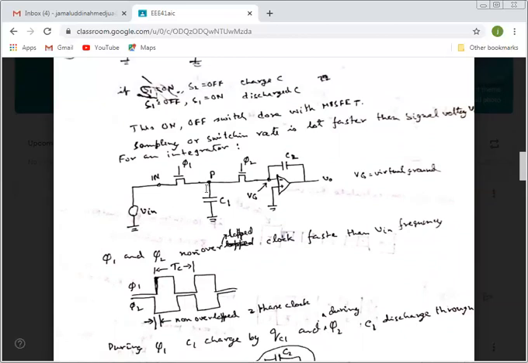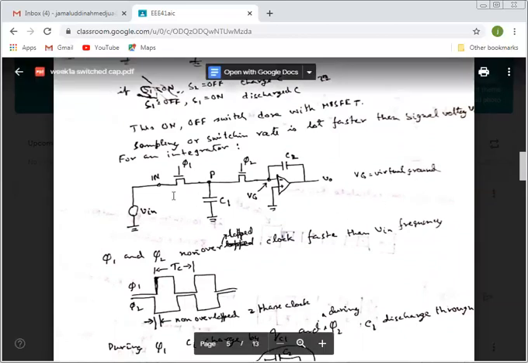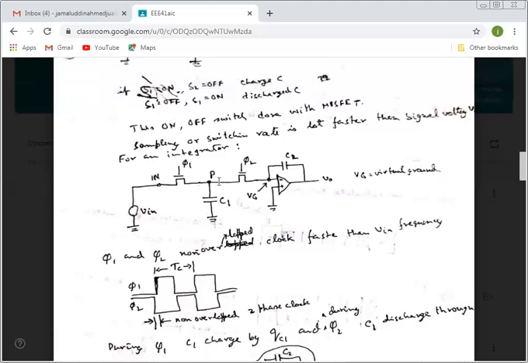So in the previous circuit where we have the integrator, we had a resistance here, and then the capacitor C2 here. We don't want to replace C2, but the resistance here, after the input to VG, virtual ground, we replace it with this switched capacitor.